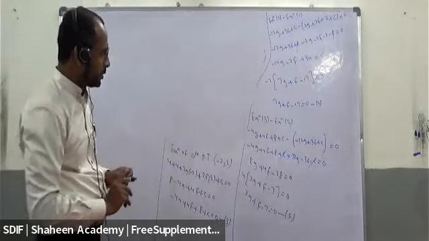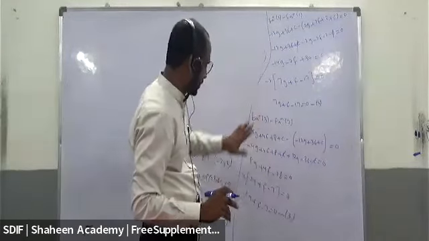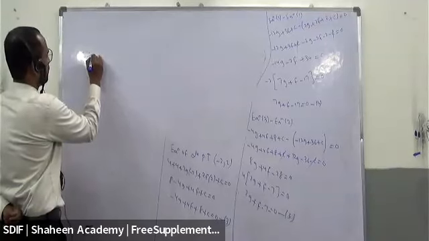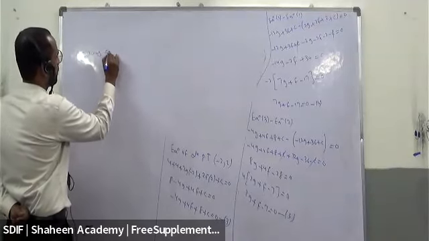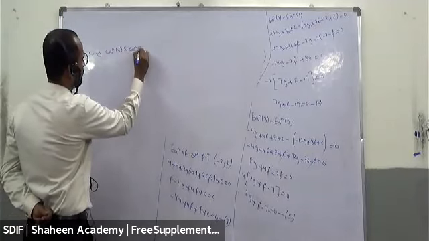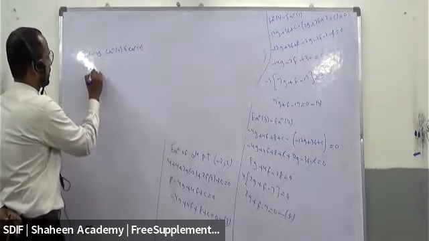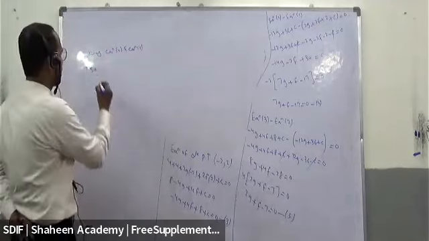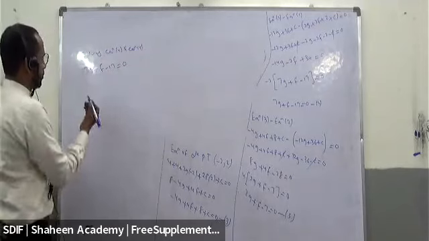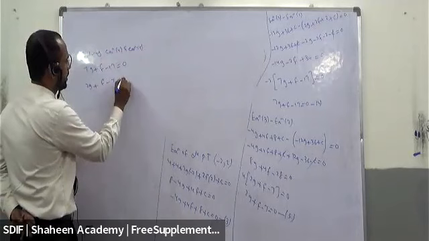Here, this time solving equation 4 and equation 5. I'm keeping equation 4 as it is, that is 7g plus f minus 17 is equal to 0. And equation 5 also as it is, 2g plus f minus 7 is equal to 0.